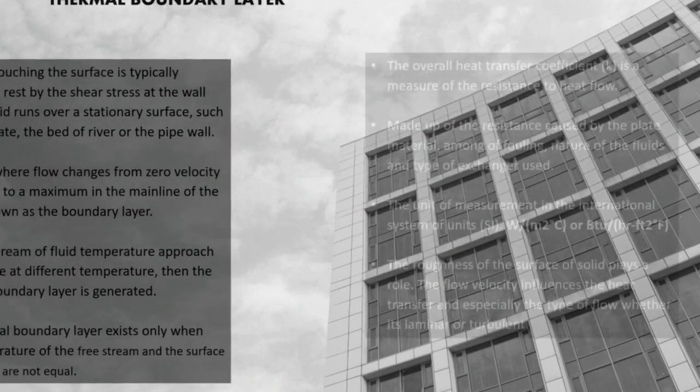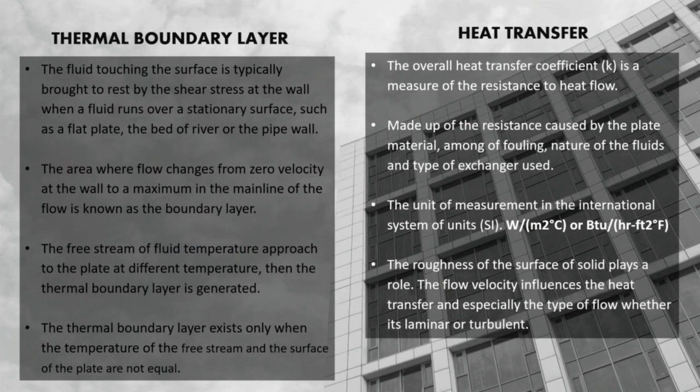Okay, for the thermal boundary layer, the fluid touching the surface is typically brought to rest by the shear stress at the wall when a fluid runs over a stationary surface, such as a flat plate, the bed of a river or the pipe wall. Next, the area where flow changes from zero velocity at the wall to a maximum in the main line of the flow is known as the boundary layer.